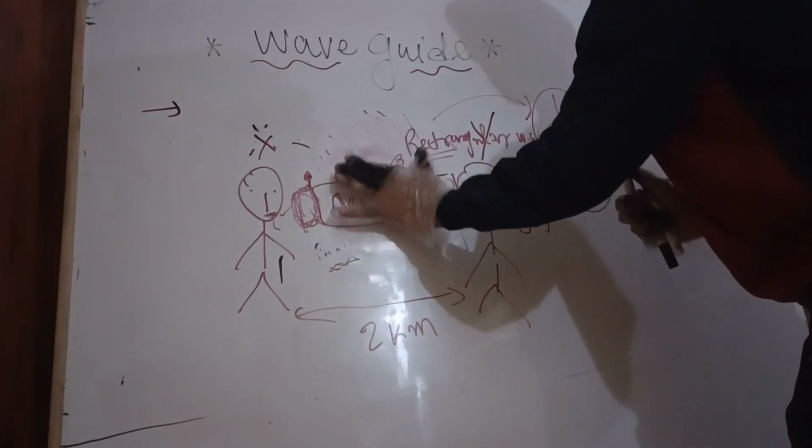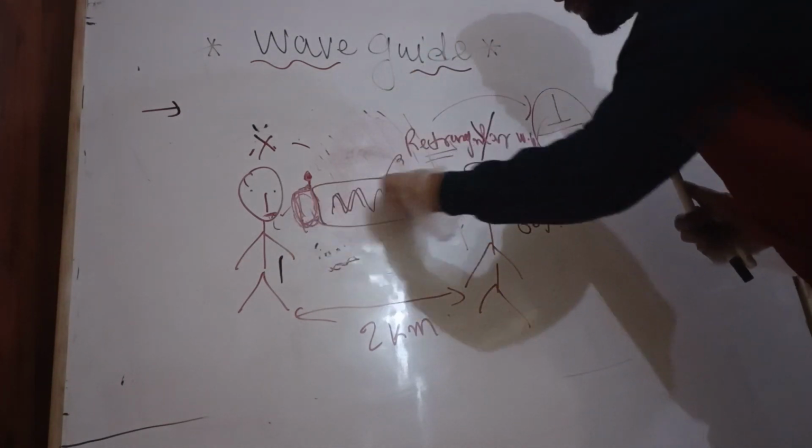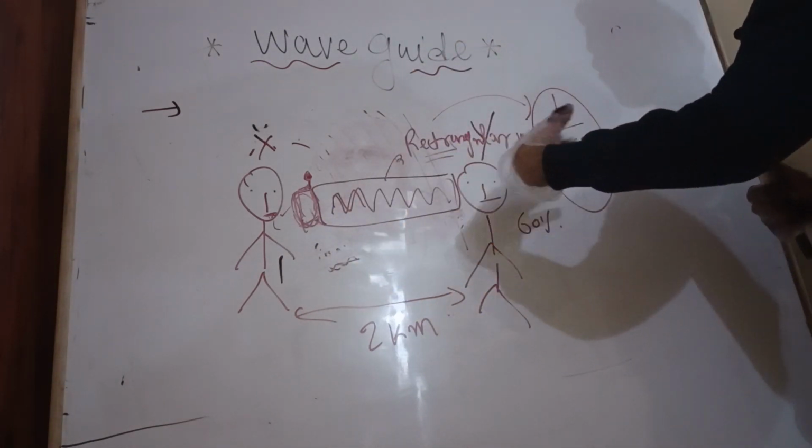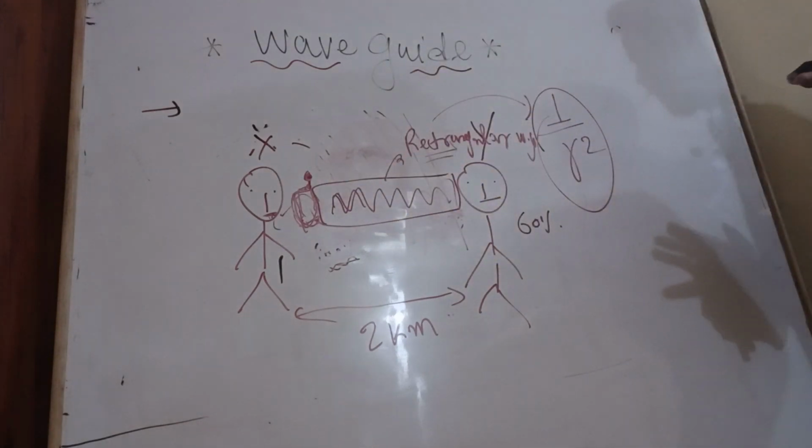Very little energy is lost when we transmit the electromagnetic wave through this waveguide, instead of transmitting it throughout the space.